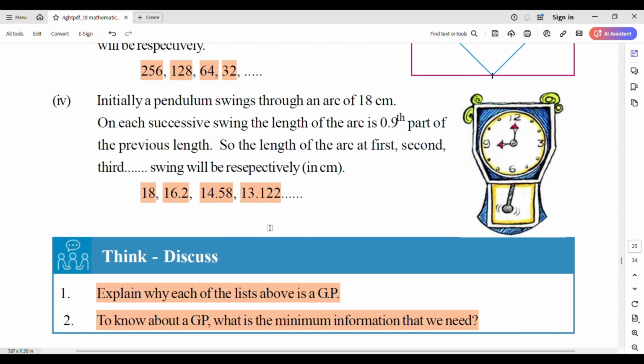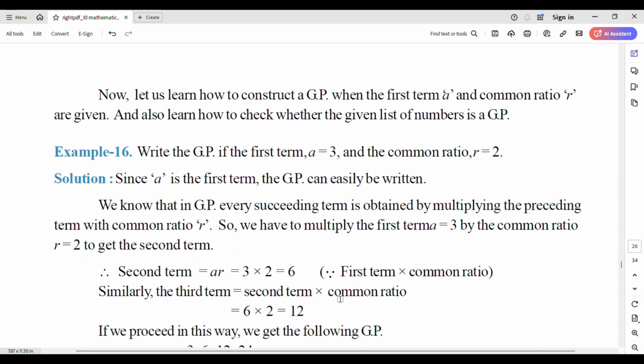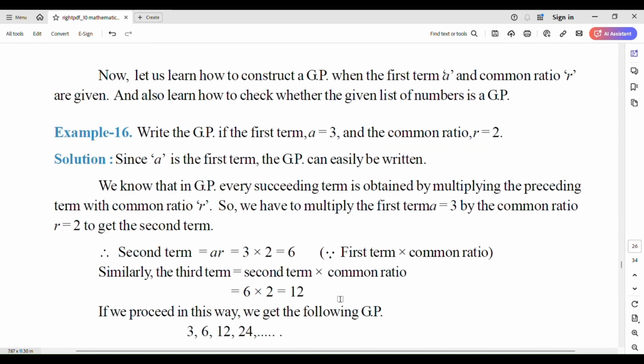So these are the two minimum things you require, and R should not be equal to 0 or should not be equal to 1. Both conditions hold actually. So that's why these are the two minimum conditions that we require for a GP, geometric progression.